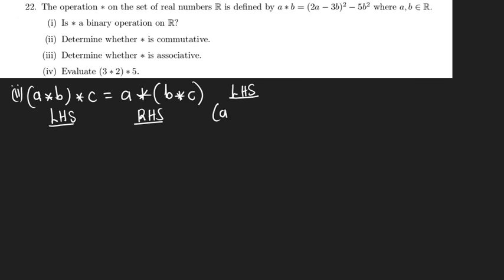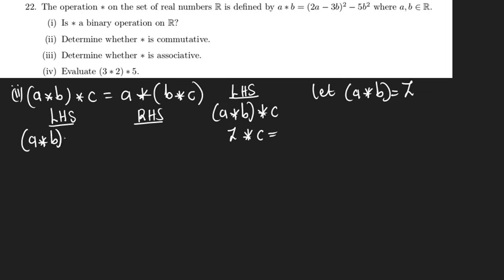So the left hand side is simply saying A star B star C. We can use Z concept where we say let A star B equal to Z. So I can say Z star C is going to equal to, notice that when we expanded A star B, we're getting something like 4A power 2 minus 12AB plus 4B squared.